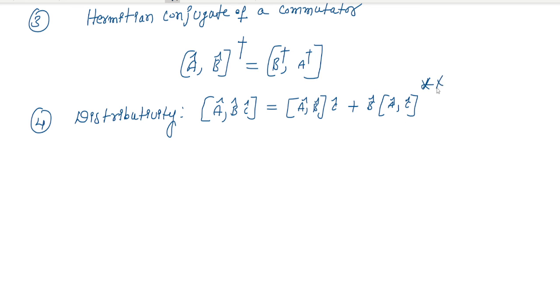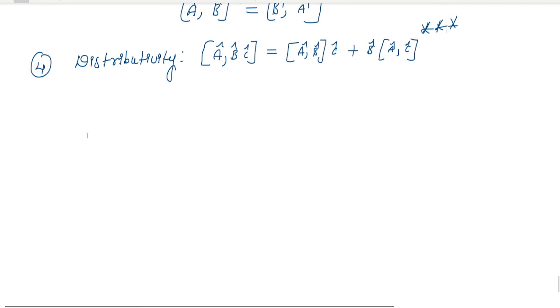This property is very important whenever you calculate the angular momentum operators Lx, Ly, Lz, or you can get some commutation relations. So the distributive law is especially useful.